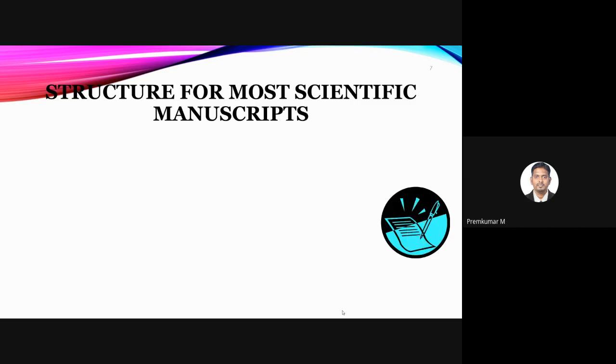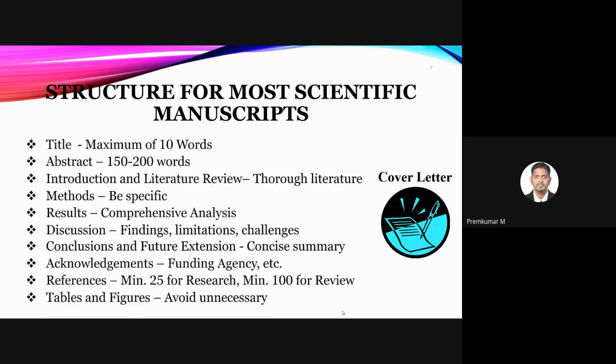This is the concise summary of the structure. As I told, the title should not be more than 10 words. And the abstract, as I told, I try to restrict.